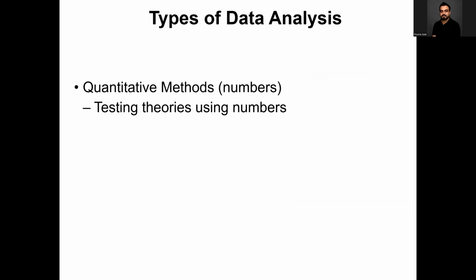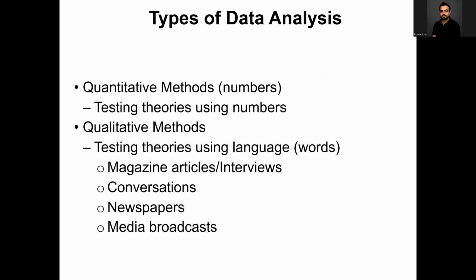There are two main types of data analysis. There are two types of methods to analyze data: quantitative methods, or numbers, and qualitative methods, or words. So let's say we want to test theories using numbers.